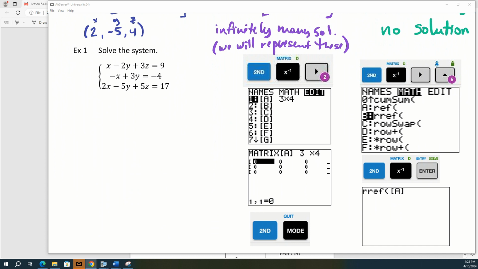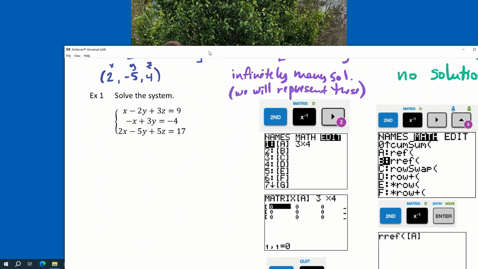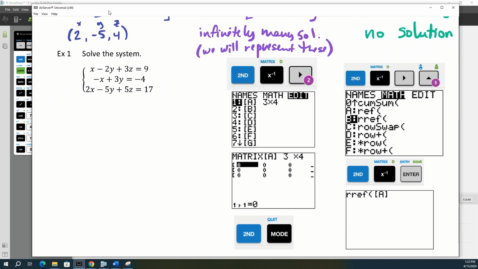All right, so the first thing we want to do is put this matrix into the calculator. So let me get my calculator pulled up. Okay, and so right here, it tells you you're going to hit second, you're going to hit x to the negative 1, and then you're going to hit the right arrow twice.